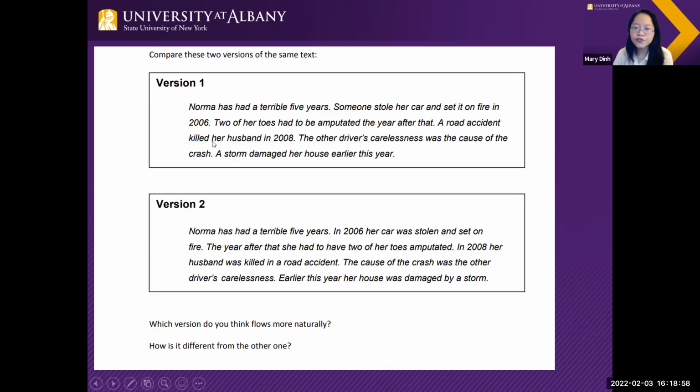So I have two versions of the same text here. What I want you to do is spend some time to look at each version and tell me which version you think flows more naturally to you and how it is different from each other. Okay, I will give you like 2 minutes to read the text.